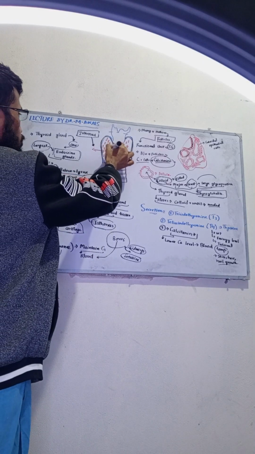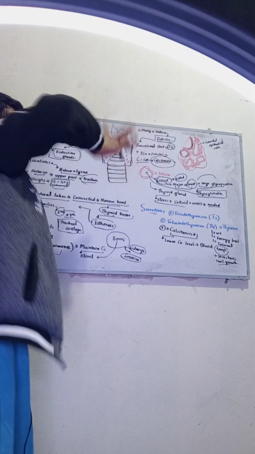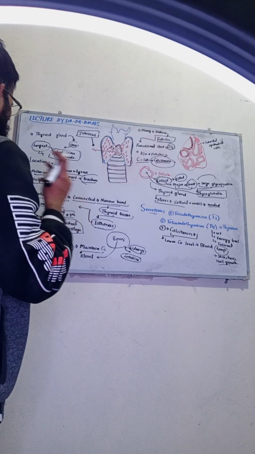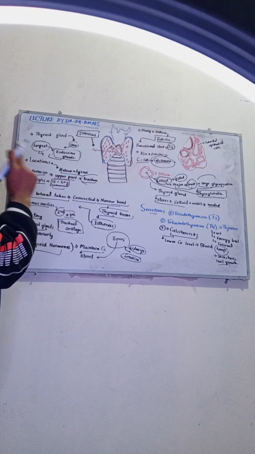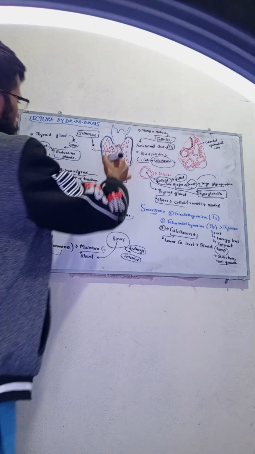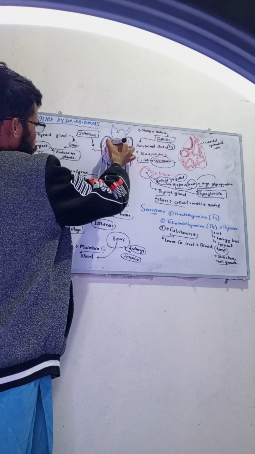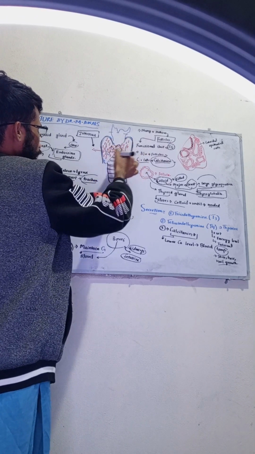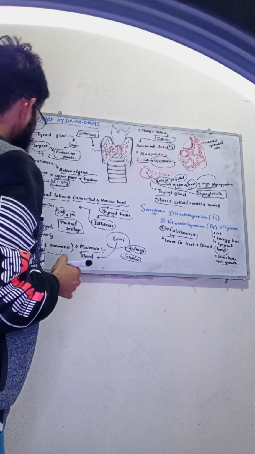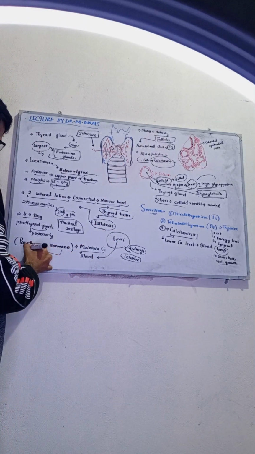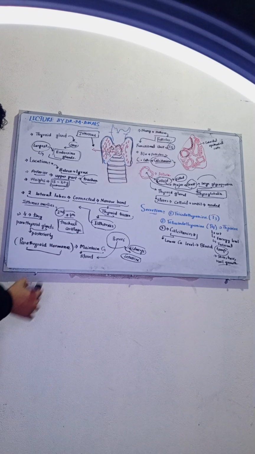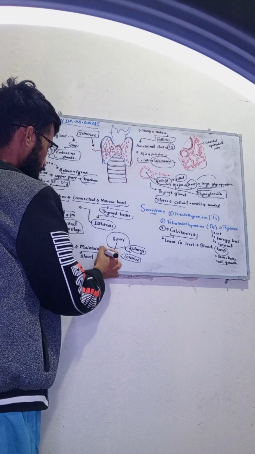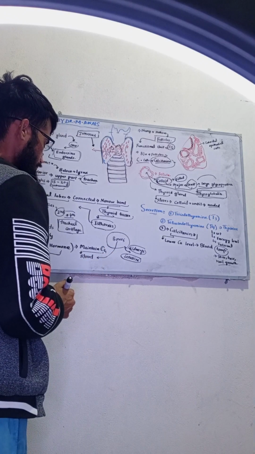Posteriorly, at the back side of the thyroid gland, there are 4 tiny parathyroid glands which secrete parathyroid hormone, which maintains the blood calcium level.